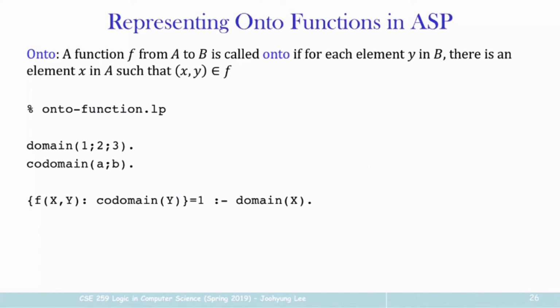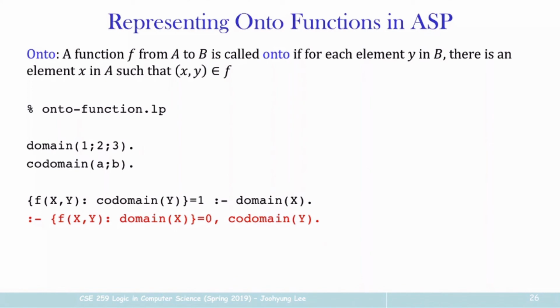Can you guess how to write it? Yeah, something like that, yes. Not codomain. Aha. Okay. So this is the one, similar to what you just said. So now the codomain here is the global variable.